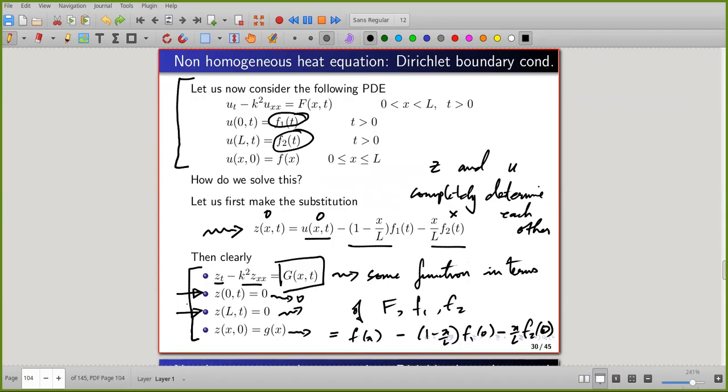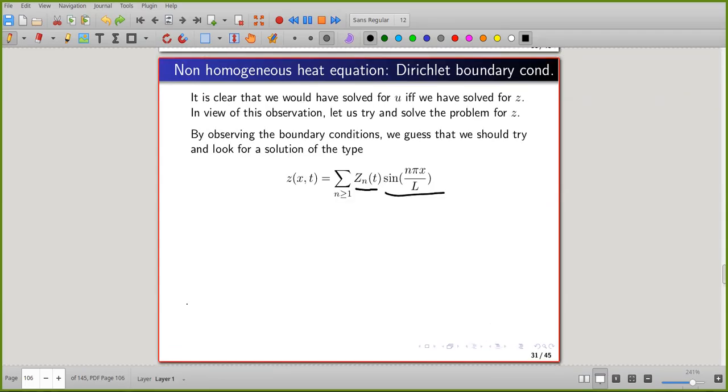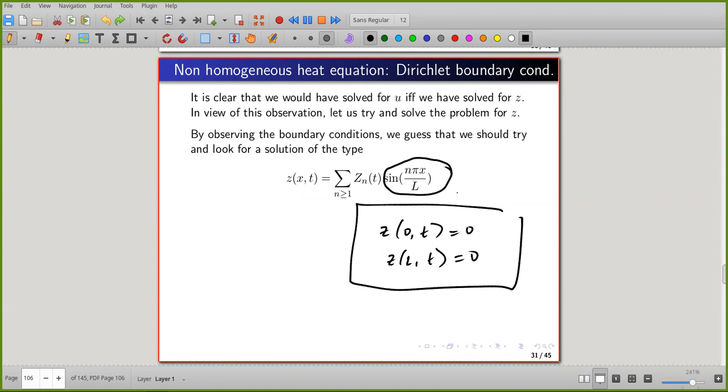Let's just try and see if there is a solution of this type. That's just our guess. And why do we look for sine(n pi x/L)? Because we want z(0,t) to be 0 and z(L,t) to be 0. Because of this reason, we put this sine.